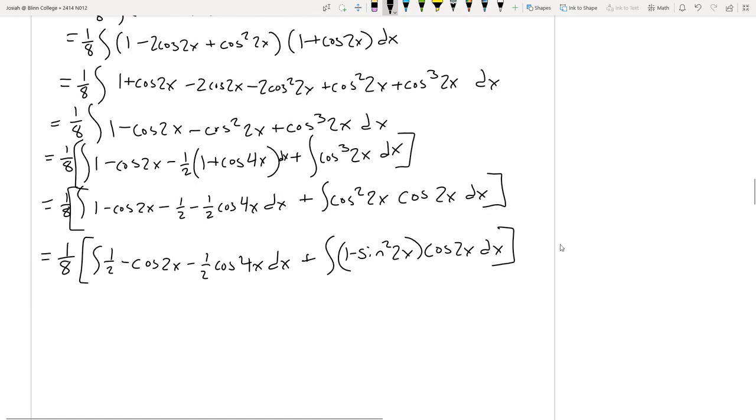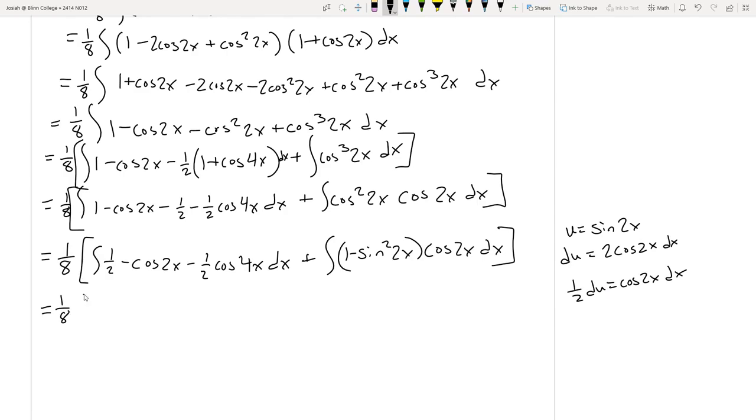We need to use a u substitution for this second one. We'll make u equal to the sine of 2x, so du will be equal to 2 cosine of 2x dx, and so I'll divide by 2 on both sides. And that's my u substitution.